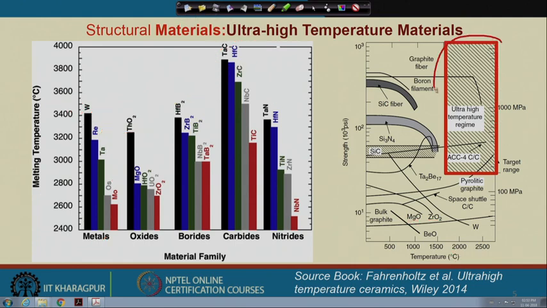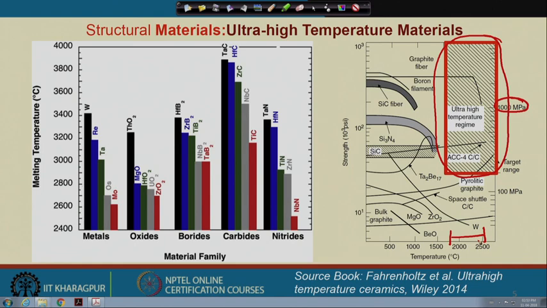So, this is the domain where one needs to develop. Let us say the strength level goes beyond 1000 megapascal and temperature is somewhat in the range of 2000 to 2500 degree centigrade.